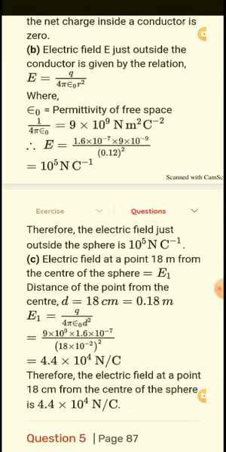Substitute the values: 9 into 10 to the power of 9, because that is the 1 divided by 4 pi epsilon naught value, into Q value 1.6 into 10 to the power of minus 7 divided by d squared, where d is 0.18, or else 18 into 10 to the power of minus 2, the whole square. If you simplify all these things, you will get the answer as 4.4 into 10 to the power of 4 Newton per Coulomb. So this is the electric field at a point 18 centimeter from the center of the sphere.